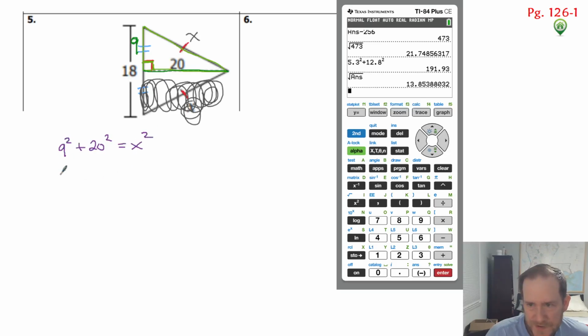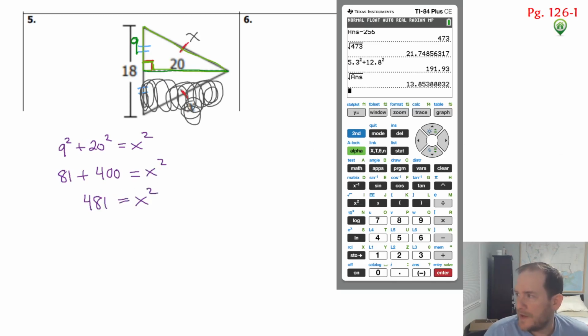And I know that 9 squared is 81, and I know that 20 squared is 400. So that would mean that x squared is equal to 481. So that means that x is actually the square root of 481. And that's it.